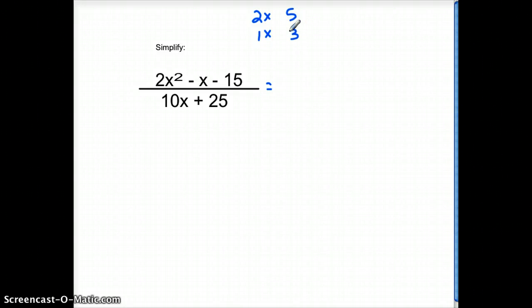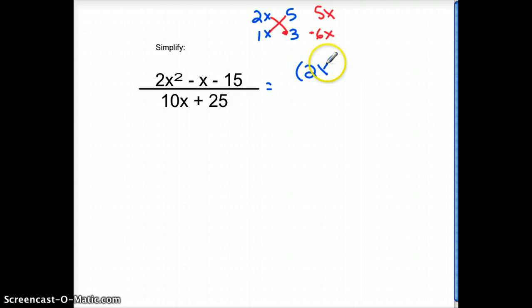Okay, remember when we did this cross product? So 2x times 3 was 6x. 1x times 5 was 5x. This will work to get negative x if this one's negative, so we want to make that negative. Or you can just guess and check it, whatever method you liked.